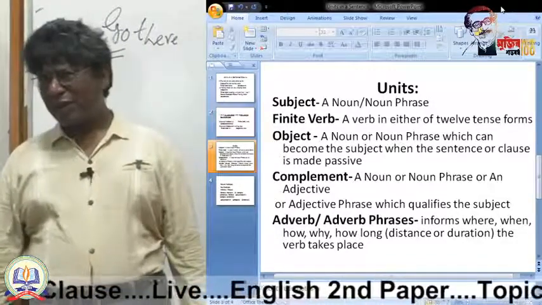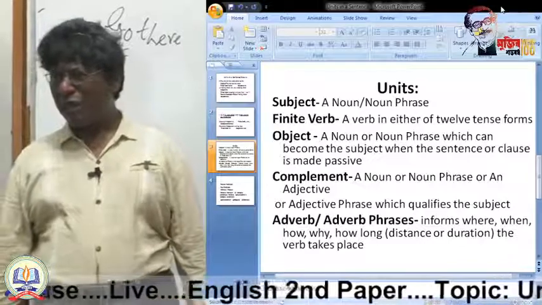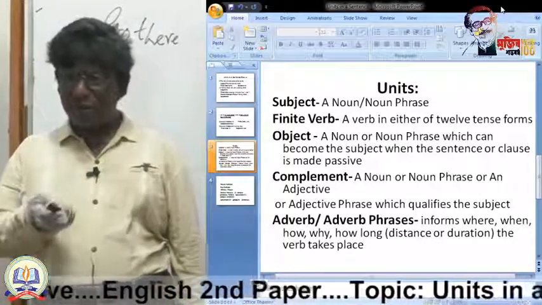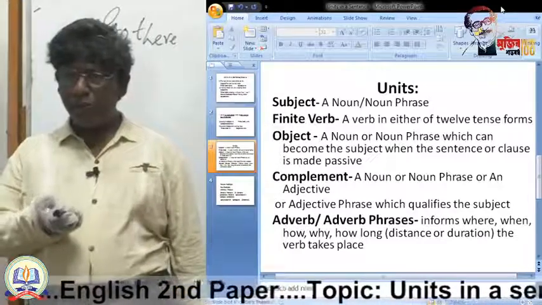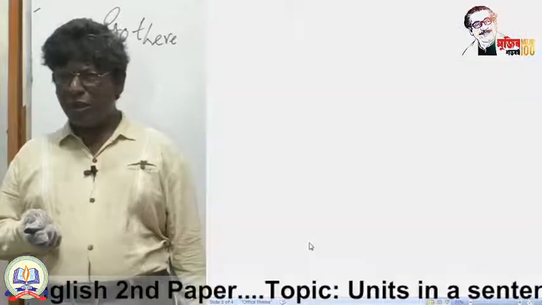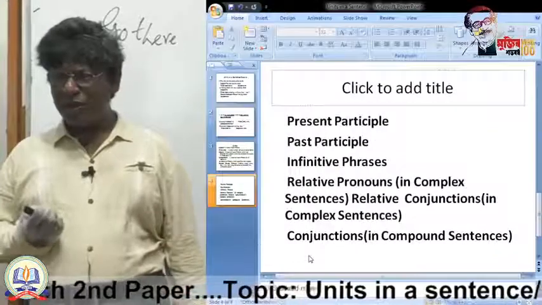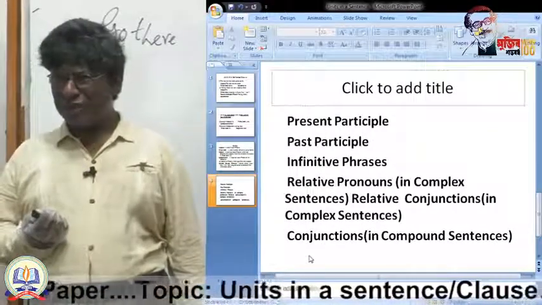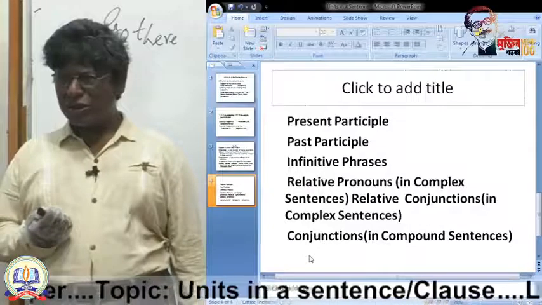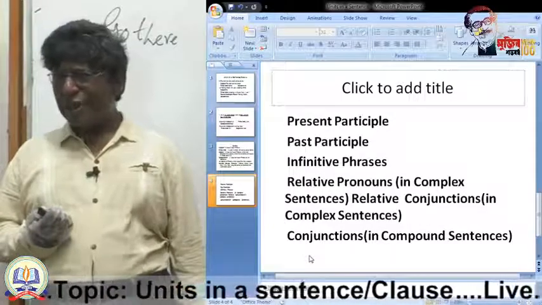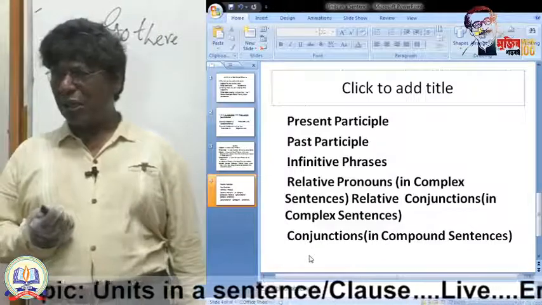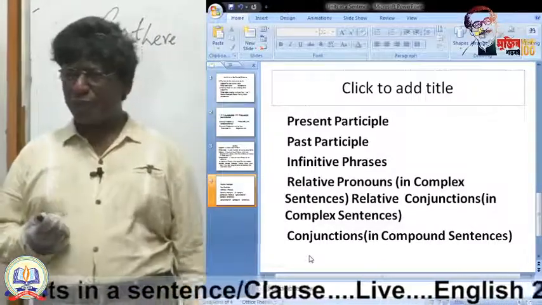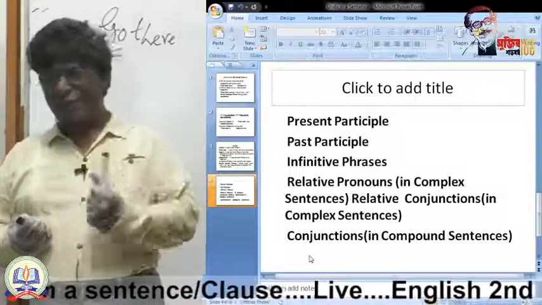Apart from subject and finite verb, we have objects, complements, adverbs or adverb phrases, present participle, past participle, infinitive phrases, relative pronouns in complex sentences, relative conjunctions in complex sentences, and conjunctions in compound sentences. Conjunctions can be used between 2 words or 2 phrases as well.